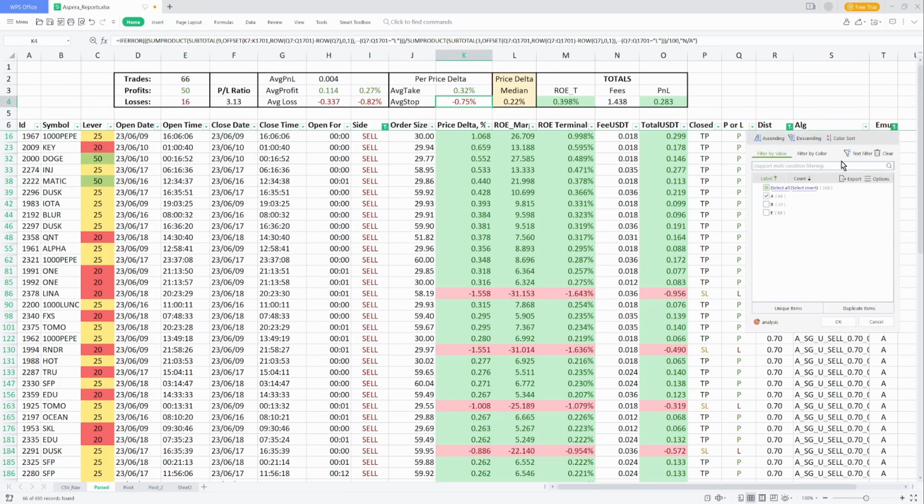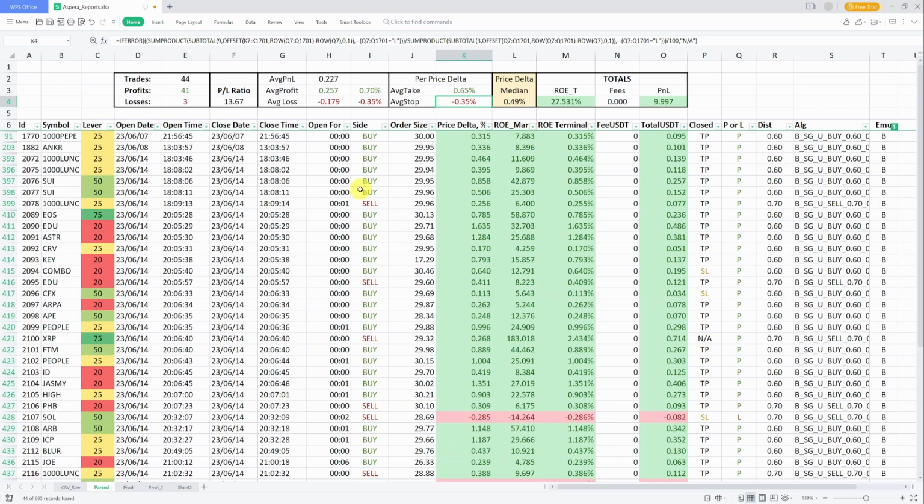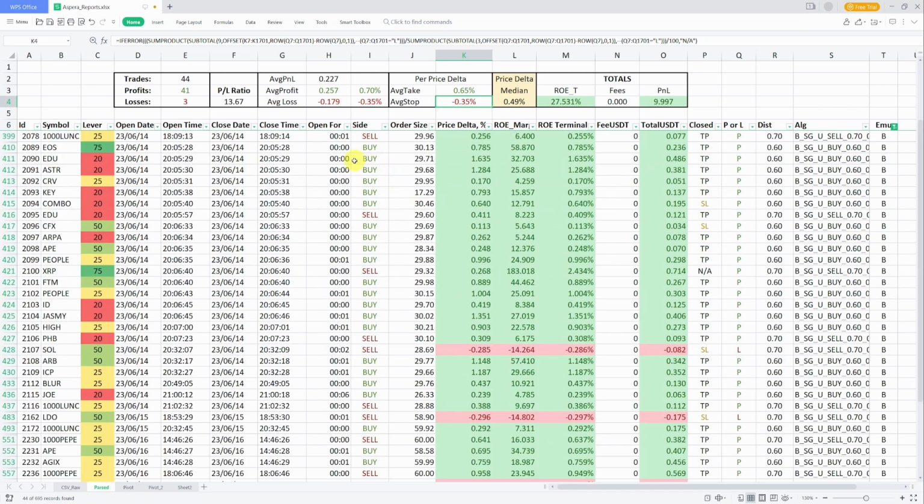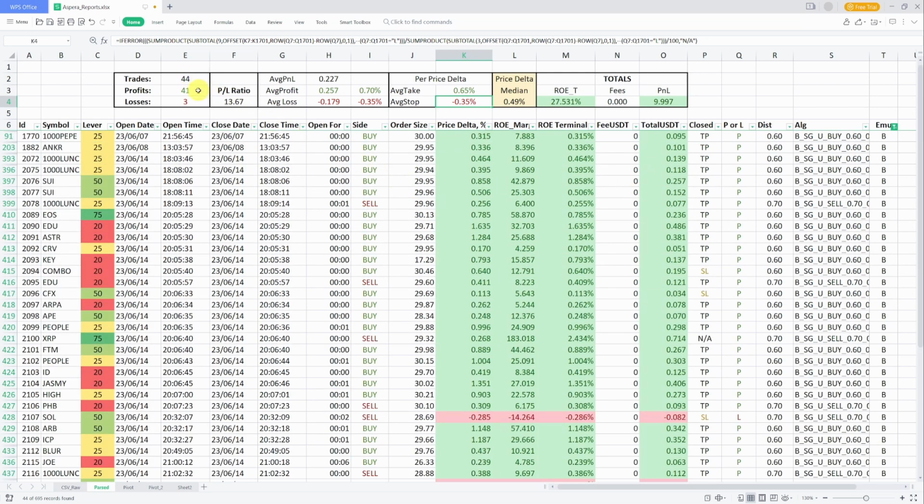So here under the letter B, I have those algorithms. And look at that. Here you can see that there have been 44 trades, 41 profits, and only 3 losses, with an astonishing ratio of profits to losses.